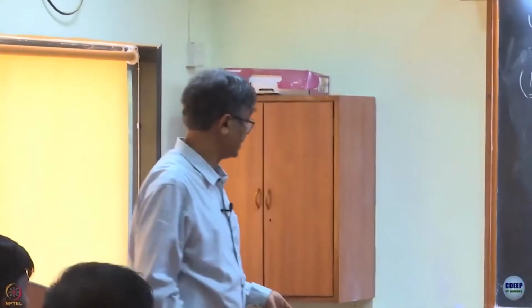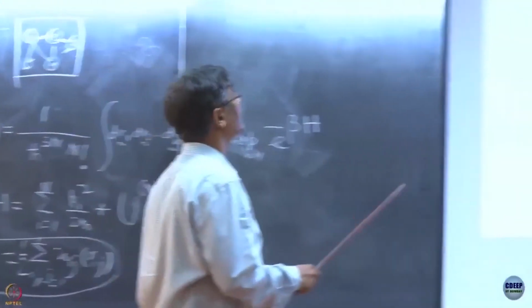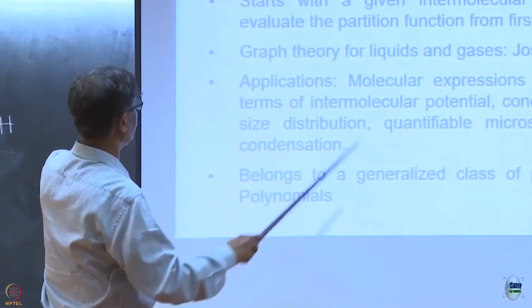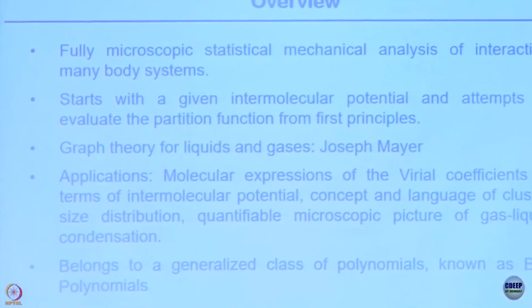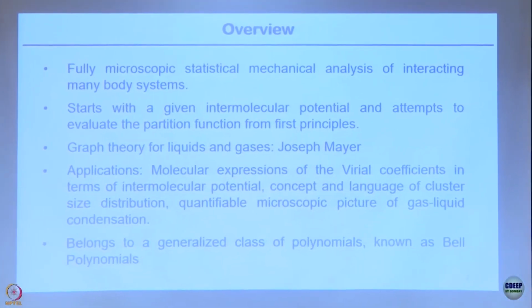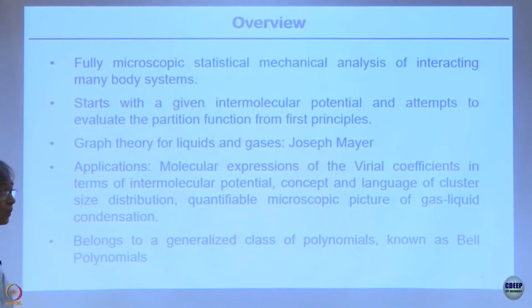Let us summarize a little bit: the fully microscopic analysis of interacting many-body systems that we are trying to do starts with a given intermolecular potential. In our case, we are assuming Lennard-Jones, but it does not matter, you can do anything you want. What we are going to develop is a graph theory of liquids and gases. This was introduced by Joseph Mayer, and then it went into quantum.